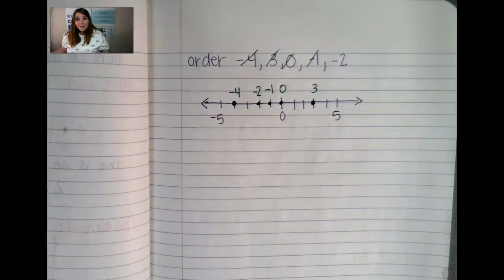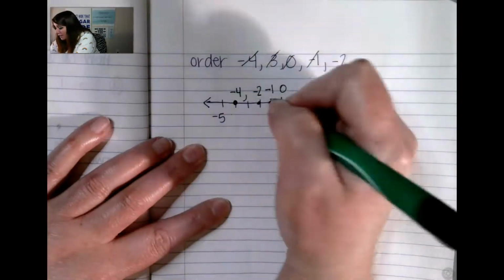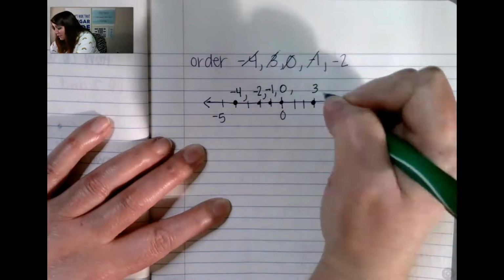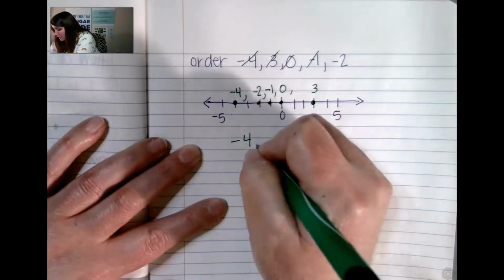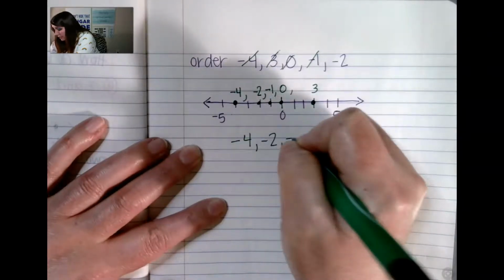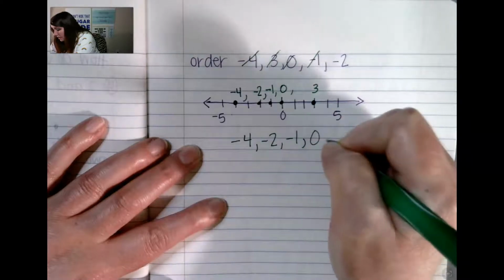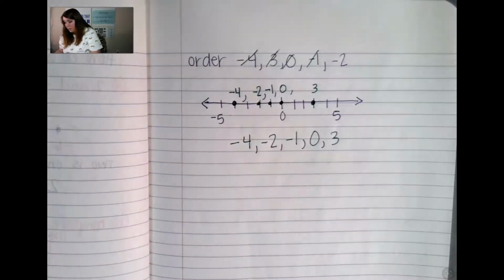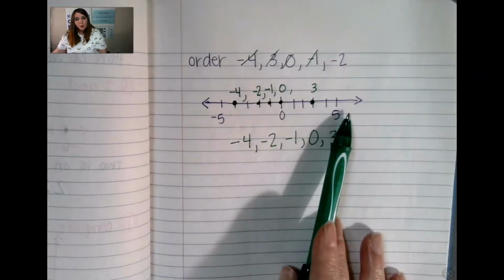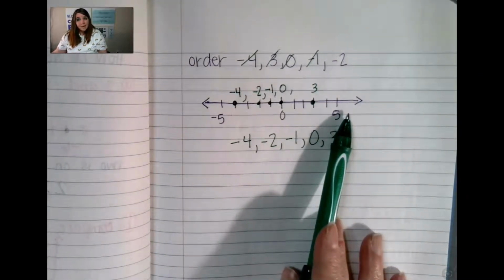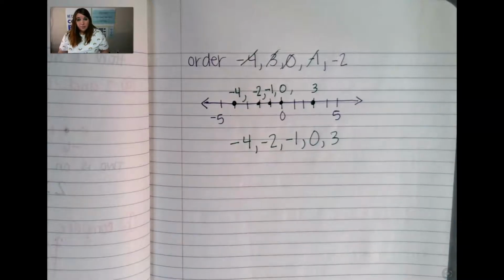Oh my goodness, look at that. Because I used my number line, I have already ordered these from least to greatest. So -4 is the smallest, -2, -1, 0, and 3. I'm able to use my number line to help me organize my data. That's it. That's all you do.